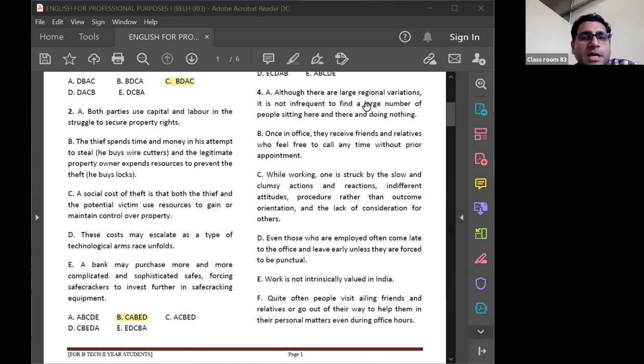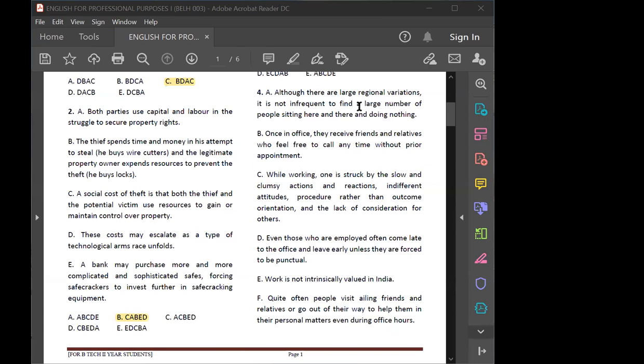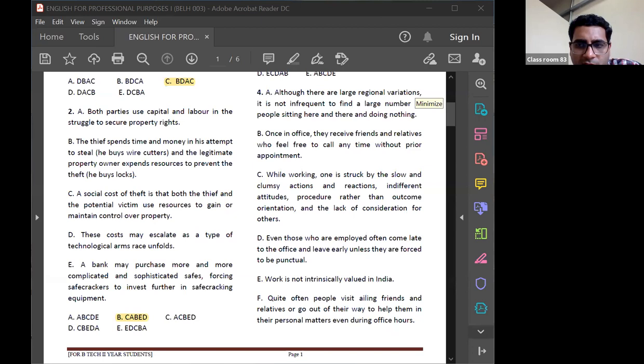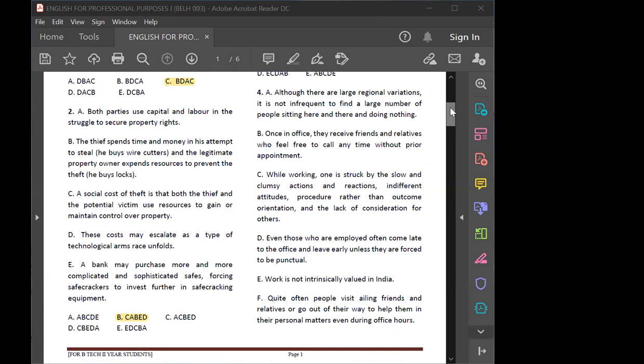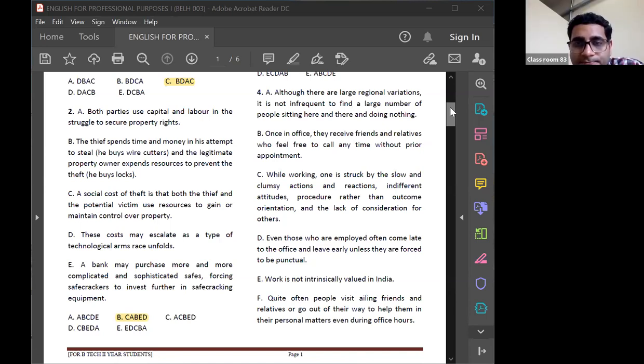So let's start with A. Say if A is the first sentence, then what should be the next sentence? Ketan says that the paragraph will start with B. Okay, let's begin with A, Shivanshi. If we are starting with B, then who is they? That's the question.